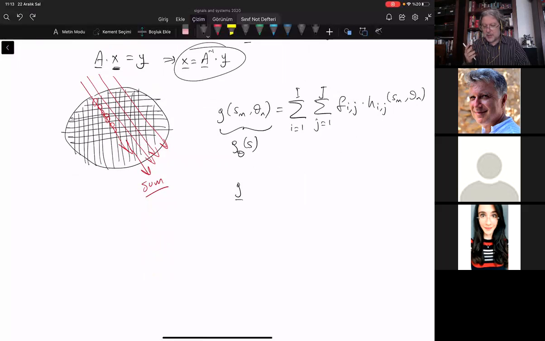Although it has two parameters, S and theta, I'm just stacking those entities for every variation of S and theta to form a huge vector of G. That vector length is 1 million, by the way, is equal to the H matrix, which is 1 million by 1 million, at least, by the way.